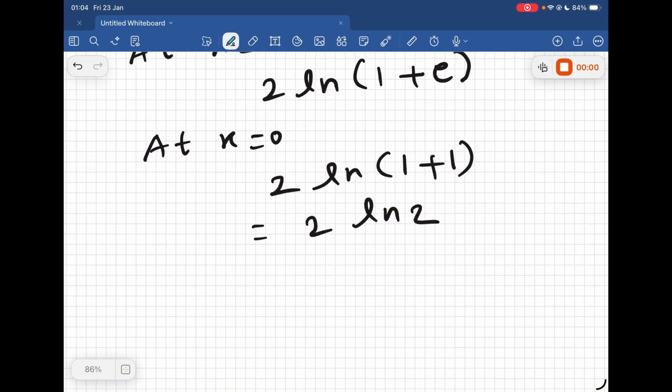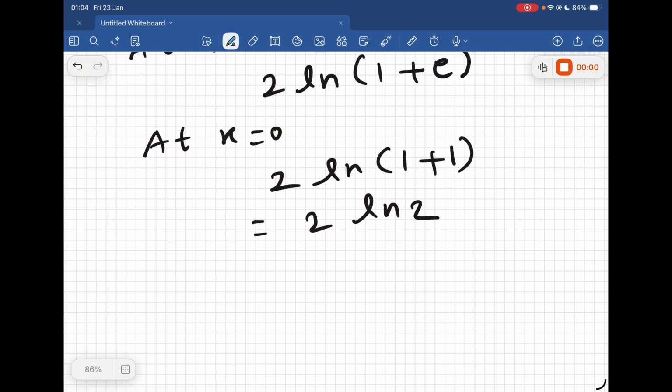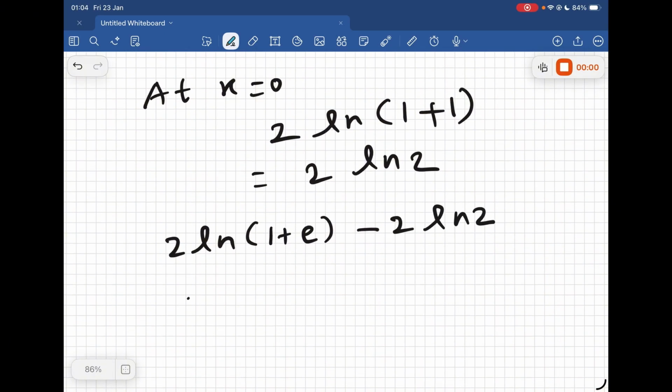So our final value is simply 2 ln of 1 plus e minus 2 ln 2. Let me factor the 2 out: ln of 1 plus e minus ln 2. If you know the laws of logarithms, you can write ln of 1 plus e minus ln 2 as ln of 1 plus e divided by 2.